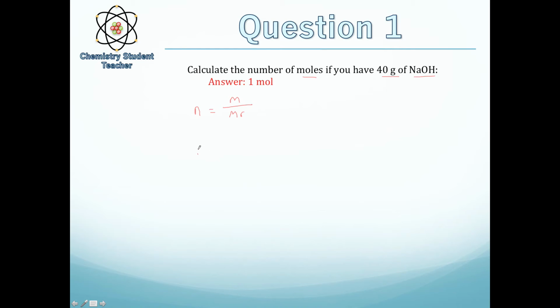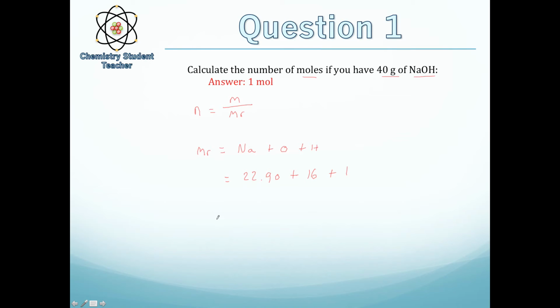So first of all, let's work out molar mass. So it's the molar mass of sodium plus oxygen plus hydrogen. Now if you look at a periodic table, such as the data sheet that you may be given in an exam, sodium is approximately, depending on which periodic table you're looking at, 22.99 grams per mole, plus oxygen, which is 16 grams per mole, plus hydrogen, which is 1.